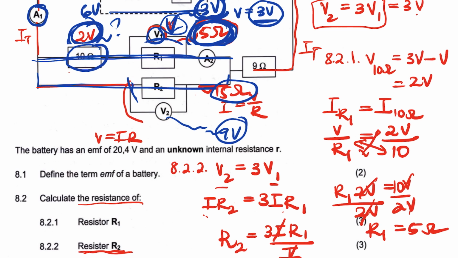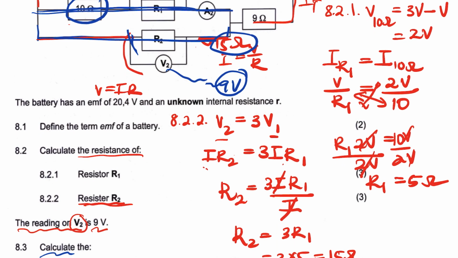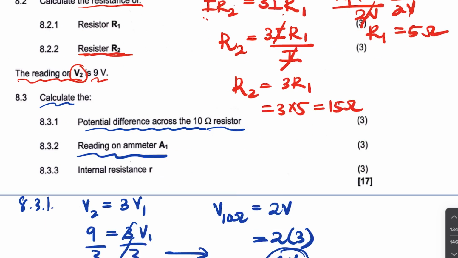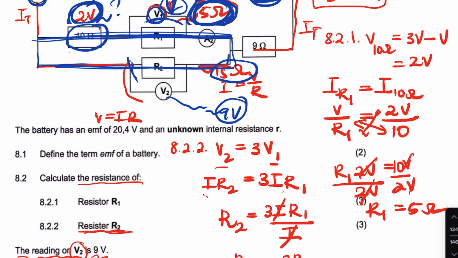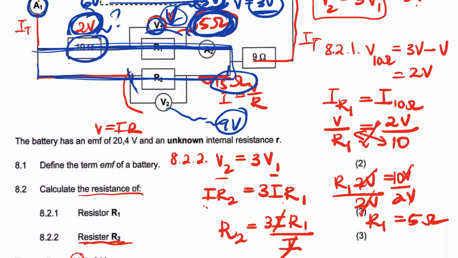So in order for us to get the reading, we take the current of this and we add the current of this, right? So what I'm going to do, did I calculate R2? Yes. I have R2 here, which is the resistance, it's 15 ohms, and the voltage is 9 volts.